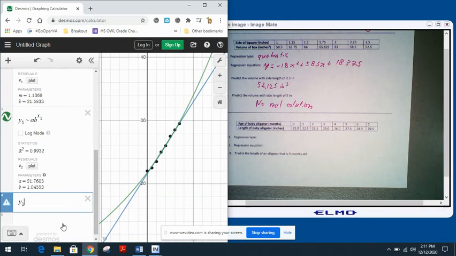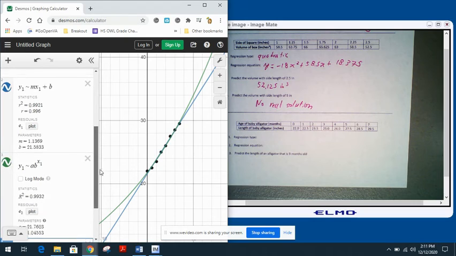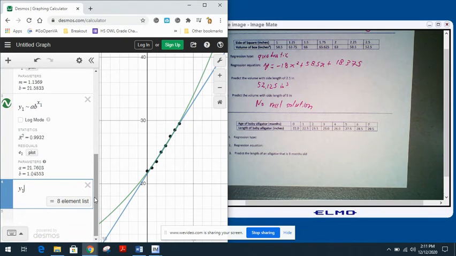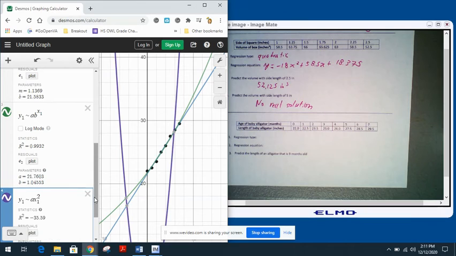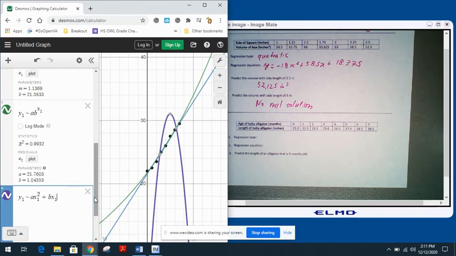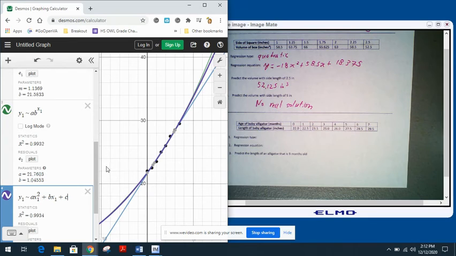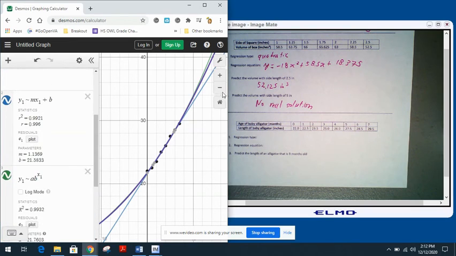So this is one way that you can check out which one you think might work the best. Definitely use the subscripts with these. So again, these are all pretty decent models just for that small section.